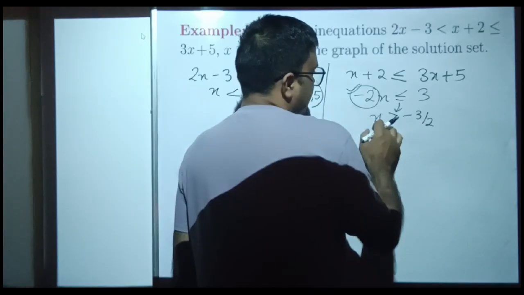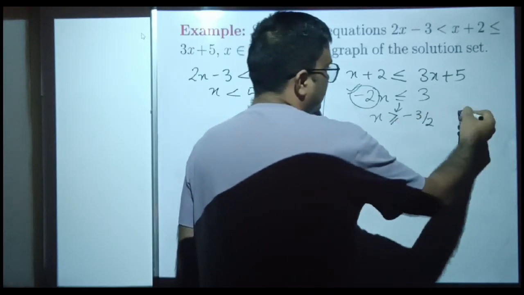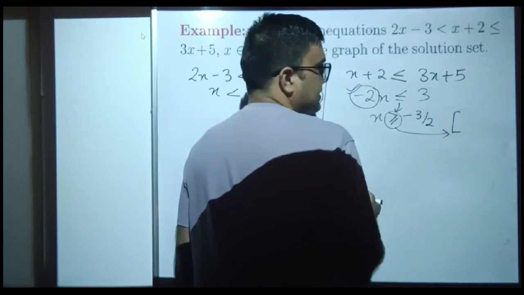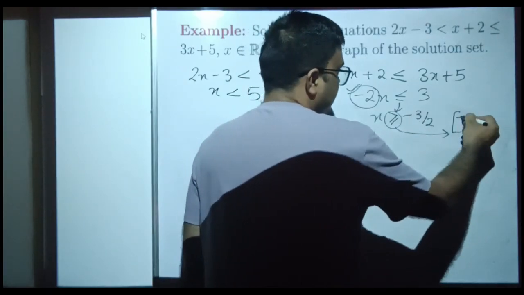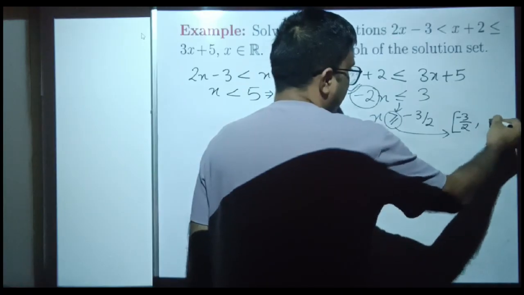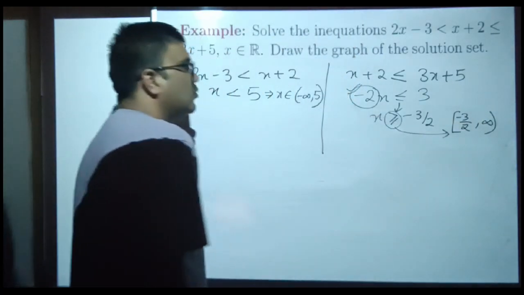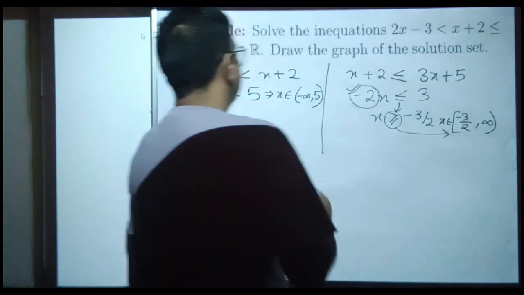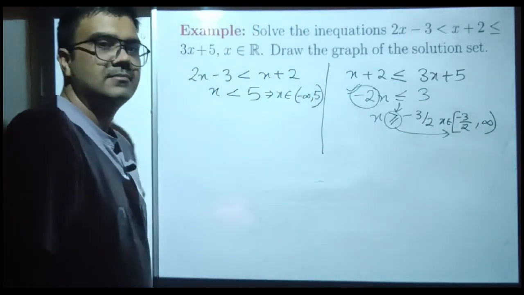Now x is greater than or equal to minus 3 by 2, closed bracket at minus 3 by 2. The starting point is minus 3 by 2 and it will go up to infinity, open bracket. So in this case x belongs to this set. In this case x belongs to this.